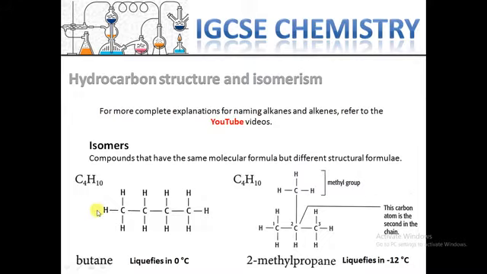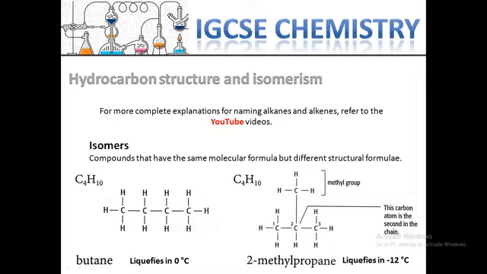In butane, the structure is a long chain. But in 2-methylpropane, there is a branch. Okay, one methyl group is attached in the center, on carbon number 2, and makes another branch. So this is not a straight chain like butane.